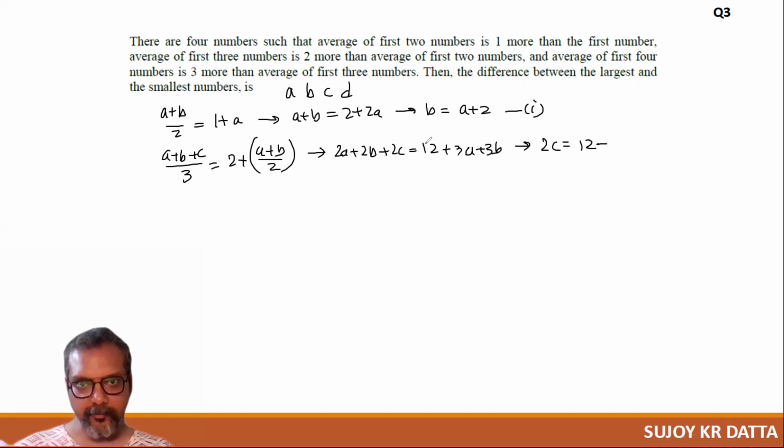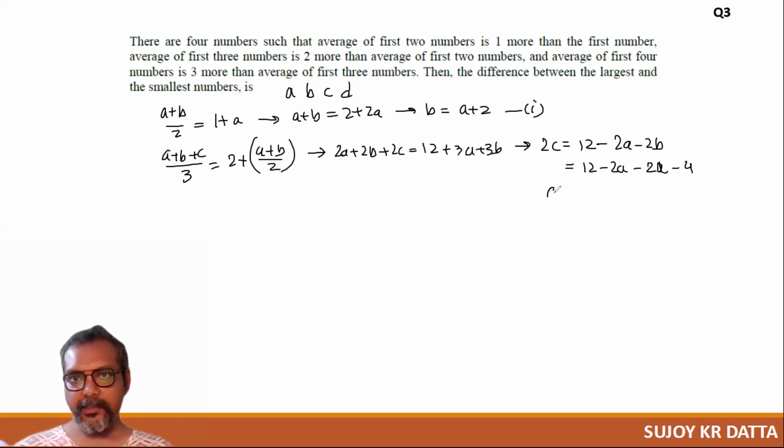So 2C equals 12 minus 2A minus 2B. Sorry, here we have a plus 3A plus 3B as well, and we had these two also, I missed that.